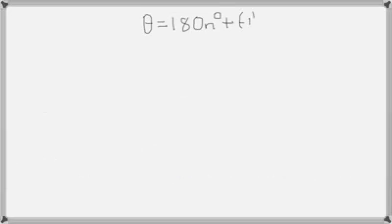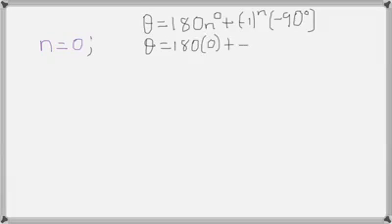Now, considering the first general solution and letting n equal 0, we have theta equals 180 degrees times 0 plus minus 1 to the power 0 times minus 90 degrees.